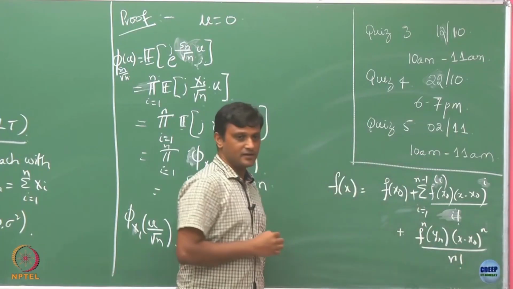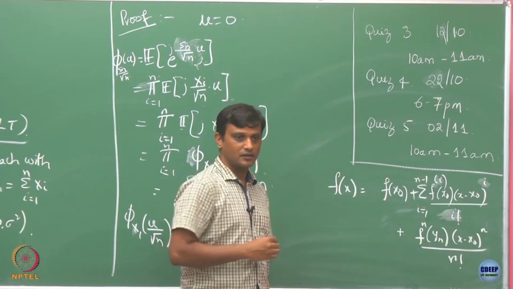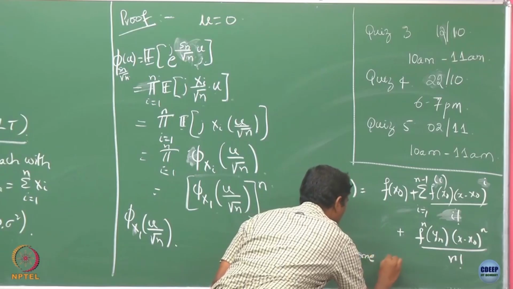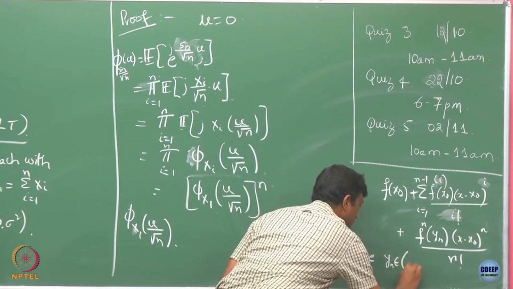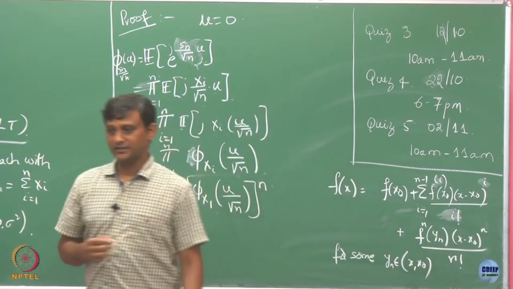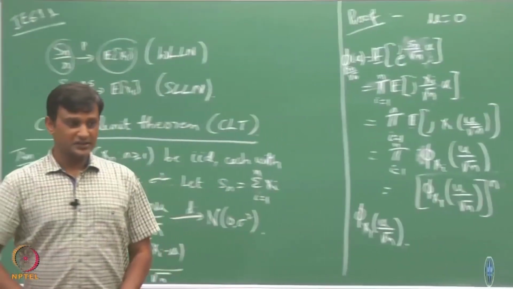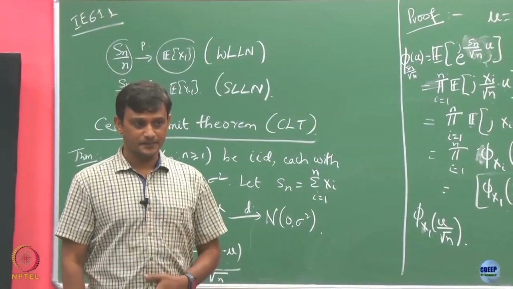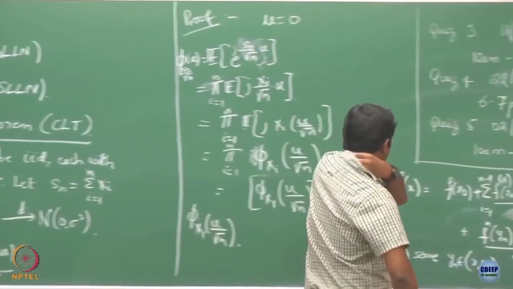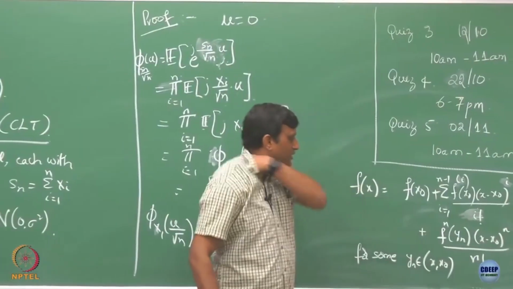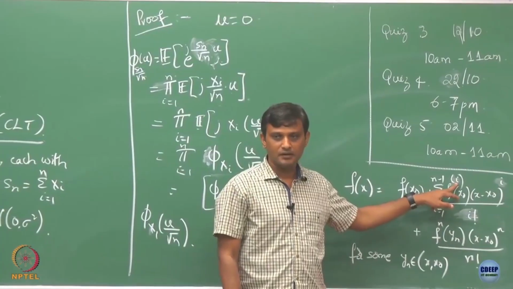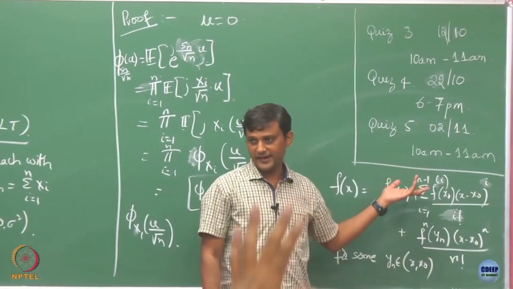What is this yn? For some yn belonging to between x and x naught. So this is the truncated version of my Taylor series. Do you understand what I mean by this superscript i here? This is the ith derivative of the function f.